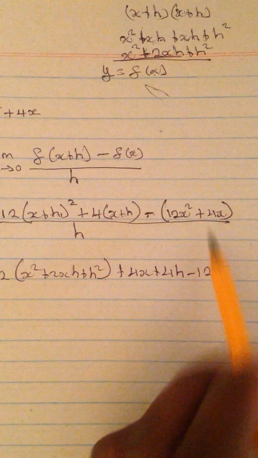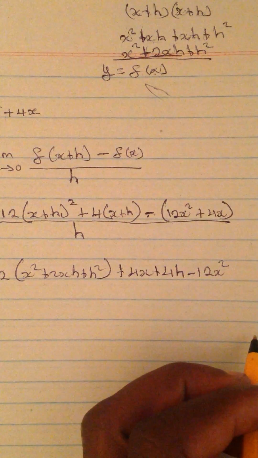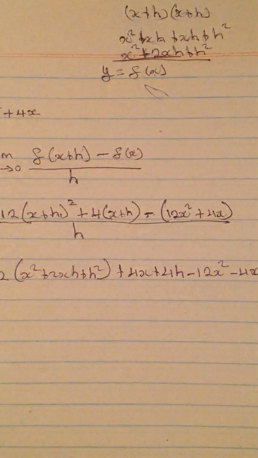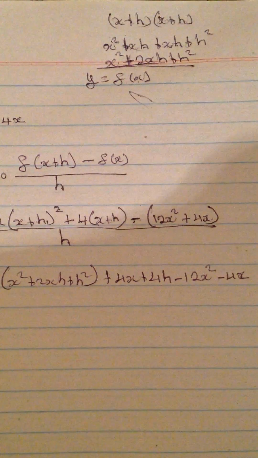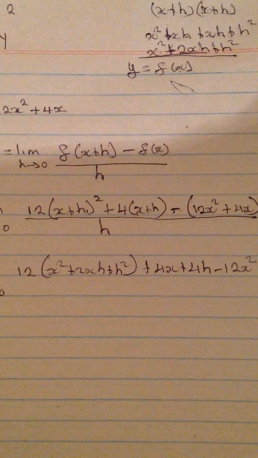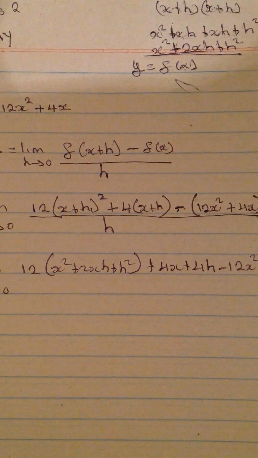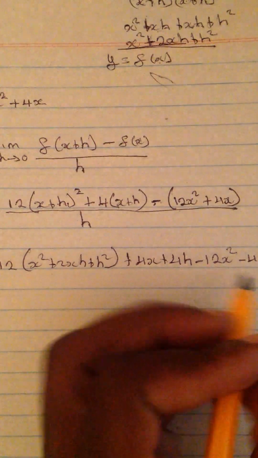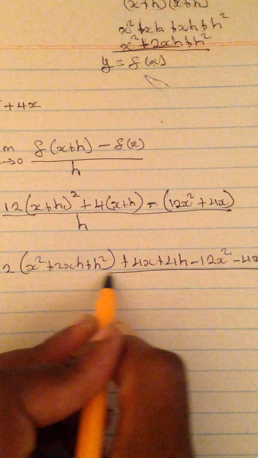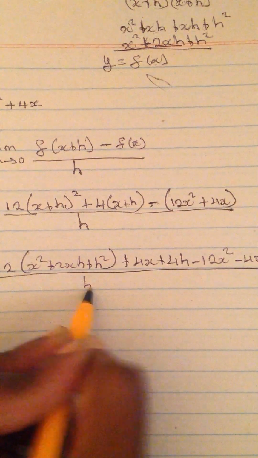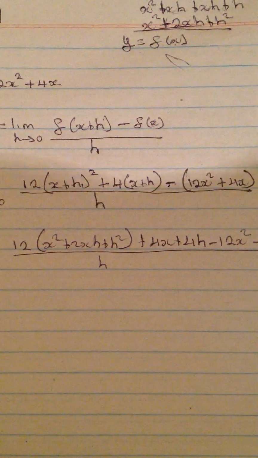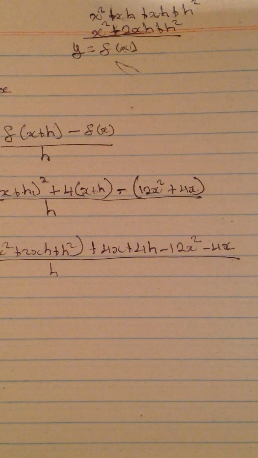What is negative times positive 4x? You're going to have minus 4x. Okay, then don't forget your denominator, over h. This is what we are having here.